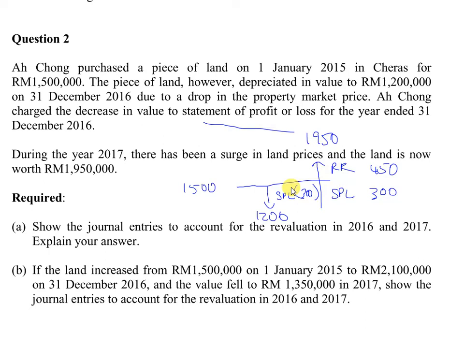But now it's above 1.5. Therefore, the balance goes to RR. Is it okay? From 1.5 dropping to 1.2, 300 goes to SPL. From 1.2 increasing to 1.9, 300 will be SPL as a reversal. Anything in excess goes to RR.